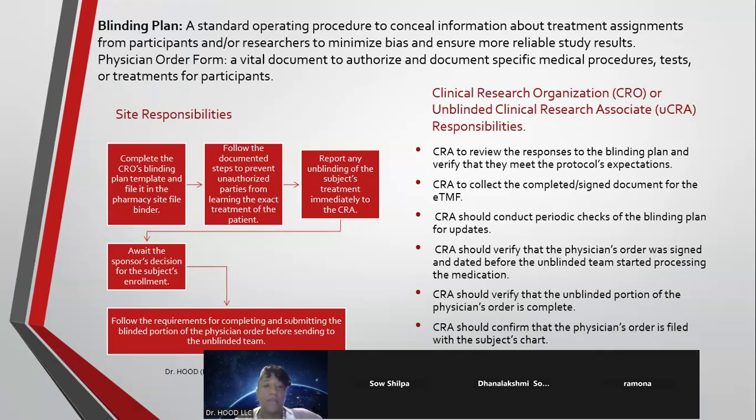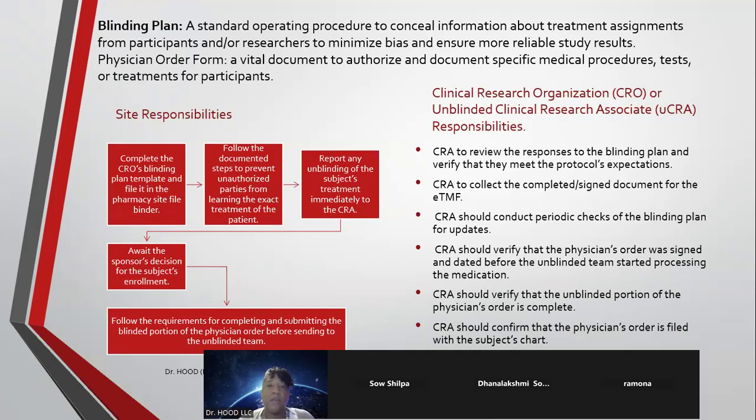Follow the requirements for completing and submitting the blinded portion of the physician order before sending it to the unblinded team. So within the blinding plan, you're also going to have that blinding physician order. This is where the blinded team has decided that everything the patient needed to meet for eligibility or randomization, they have met.